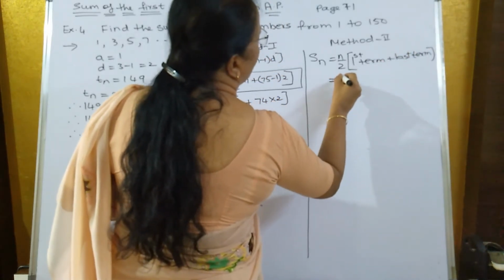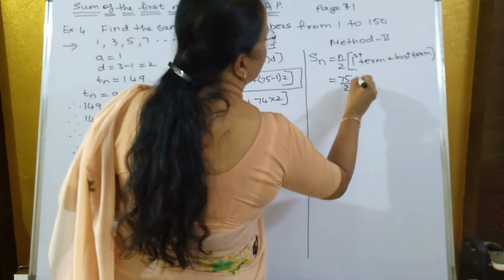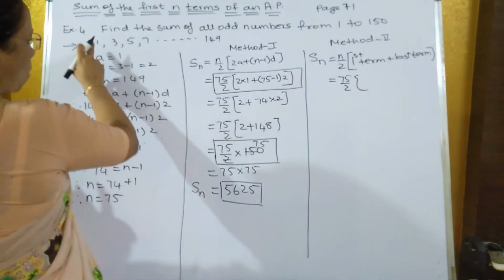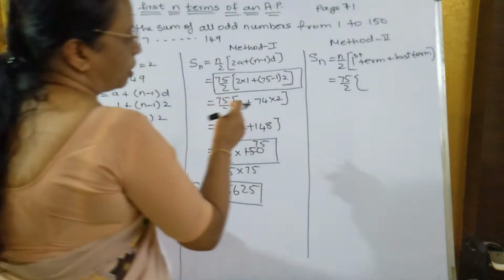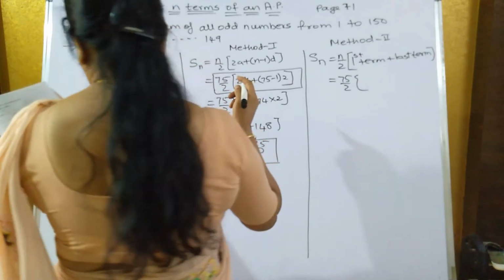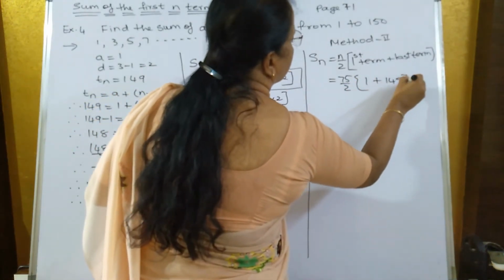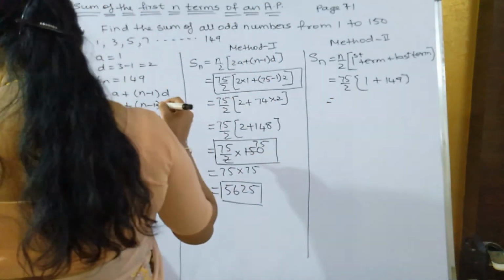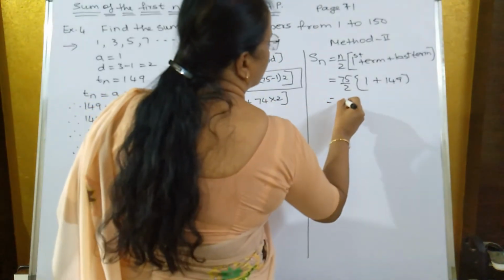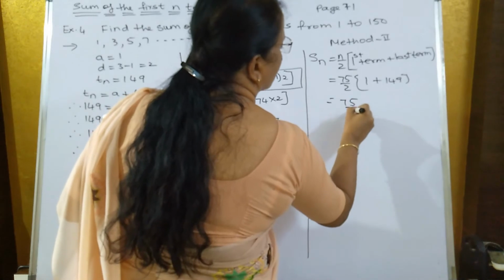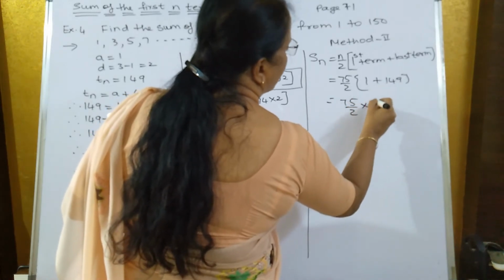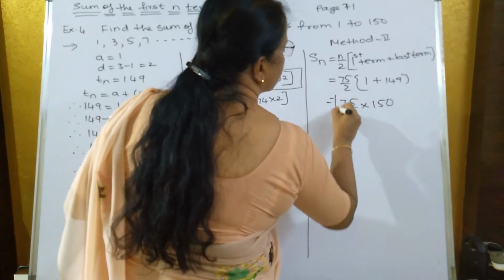That is equal to, n is how much? 75 upon 2 into first term is what? 1, and the last term is 149. So 1 plus 149. So that is equal to 75 upon 2 into 149 plus 1 is how much? 150. So this is kept in a box.